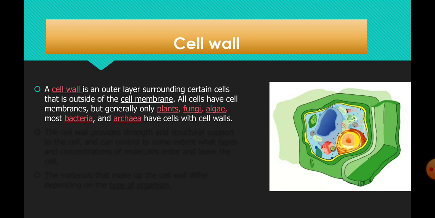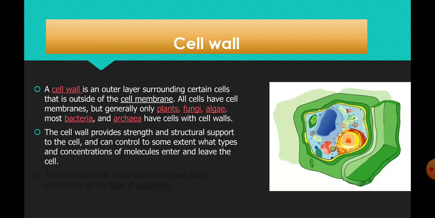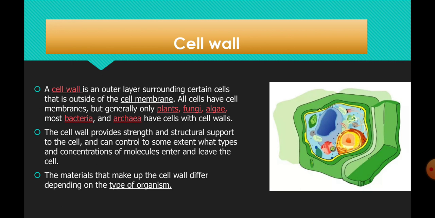Only plants, fungi, algae, most bacteria and archaea have a cell wall. The cell wall provides strength and structural support to the cell and can control to some extent what types and concentration of molecules enter and leave the cell. The materials that make up the cell wall differ depending on the type of organism.